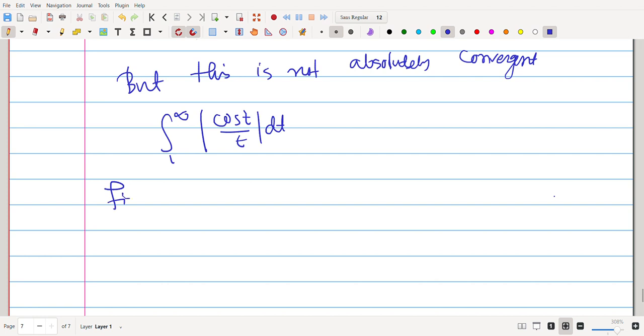So fix k to be a natural number. There is no point of writing greater than 0, I mentioned already natural number.